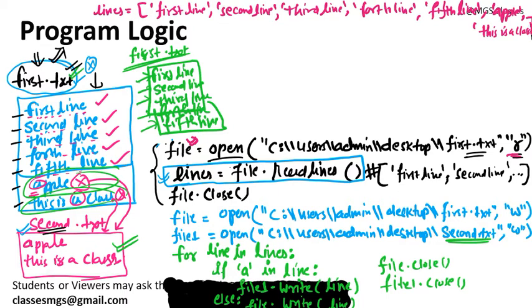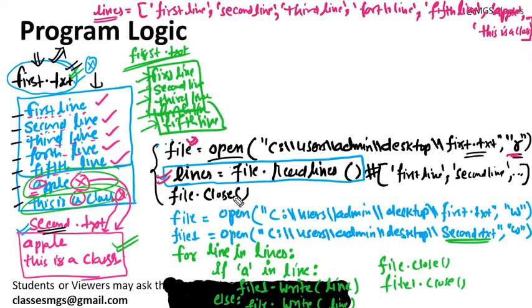So this is the list that is returned by this. The file.readlines method will return all the lines in a list. Each line will represent a single item of the list. You can see on the screen.